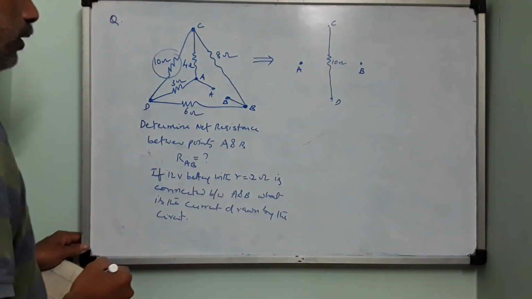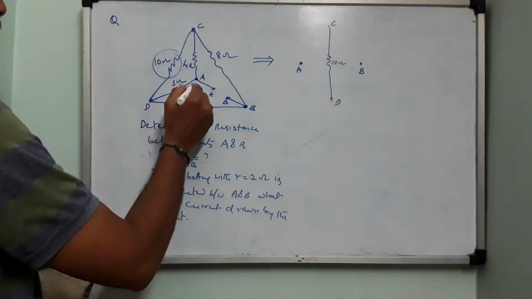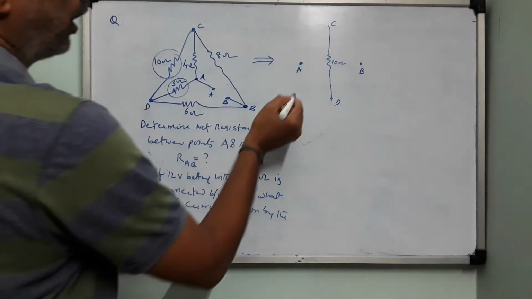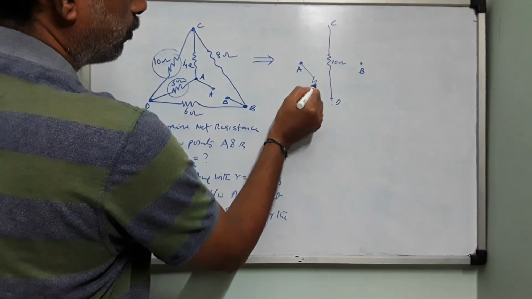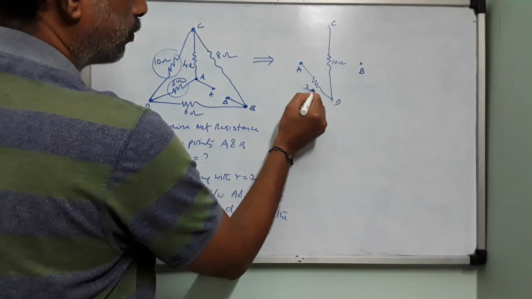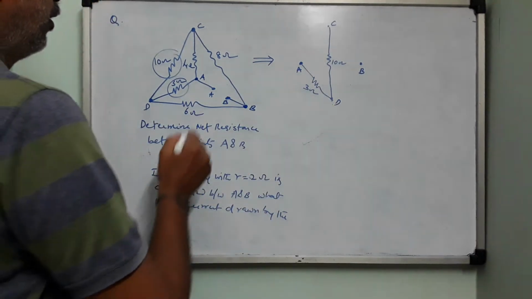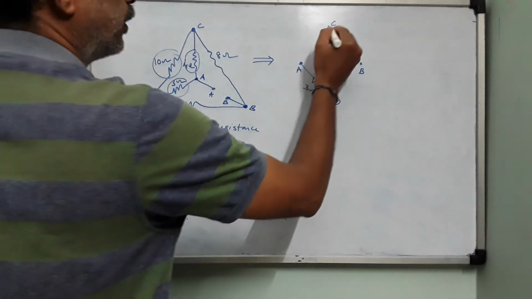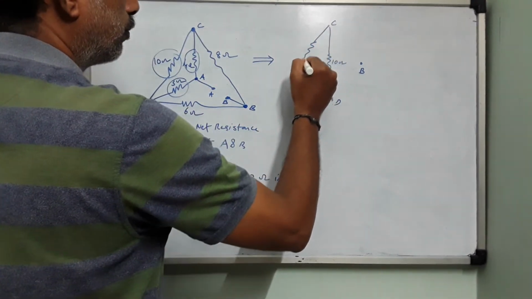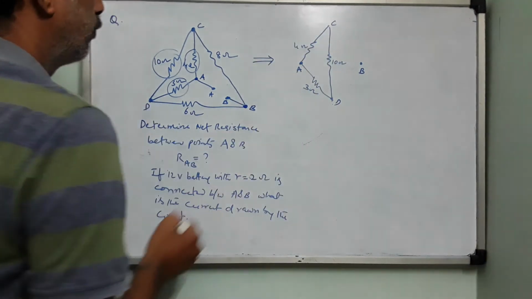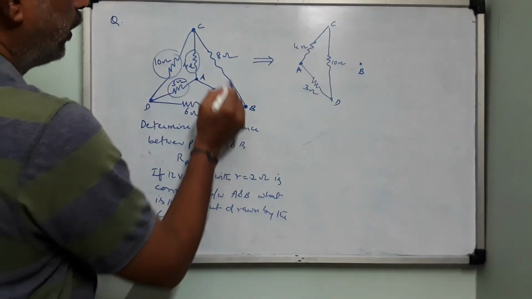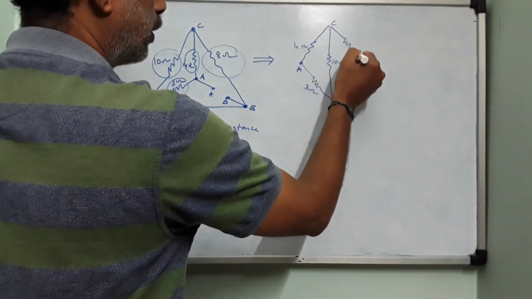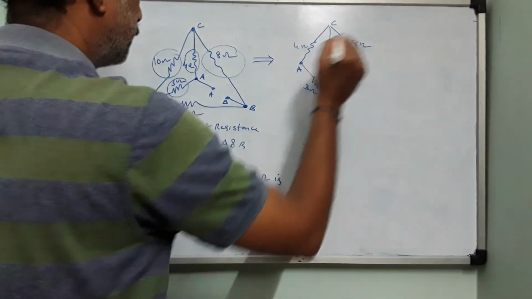Then between A and D, there is a 3 ohm. Between A and C, there is a 4 ohm. Between C and B, there is 8 ohm.